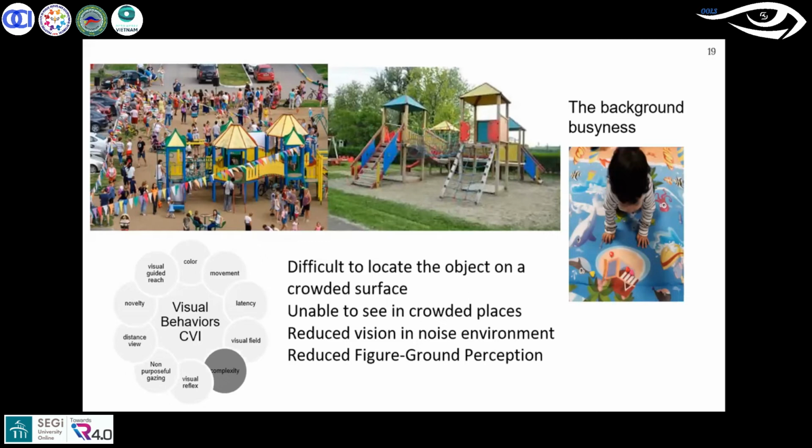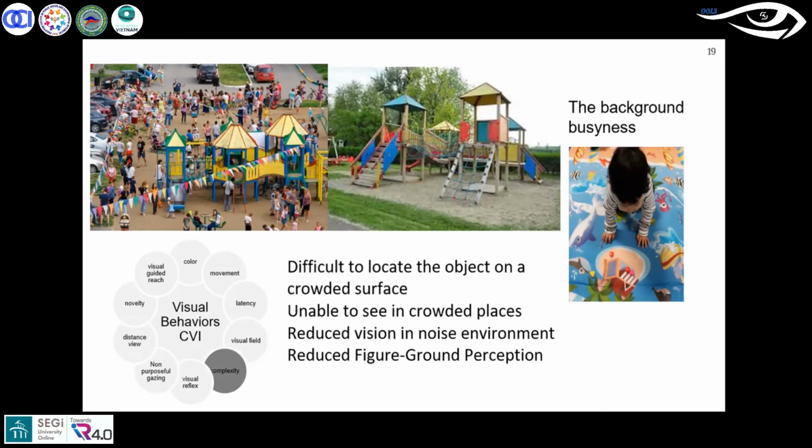And also for our child that we had at our clinic last time, even though she has a vision of 6/12, when we put this little candle on a busy surface or material, she will not be able to pick up the candle in front of her.